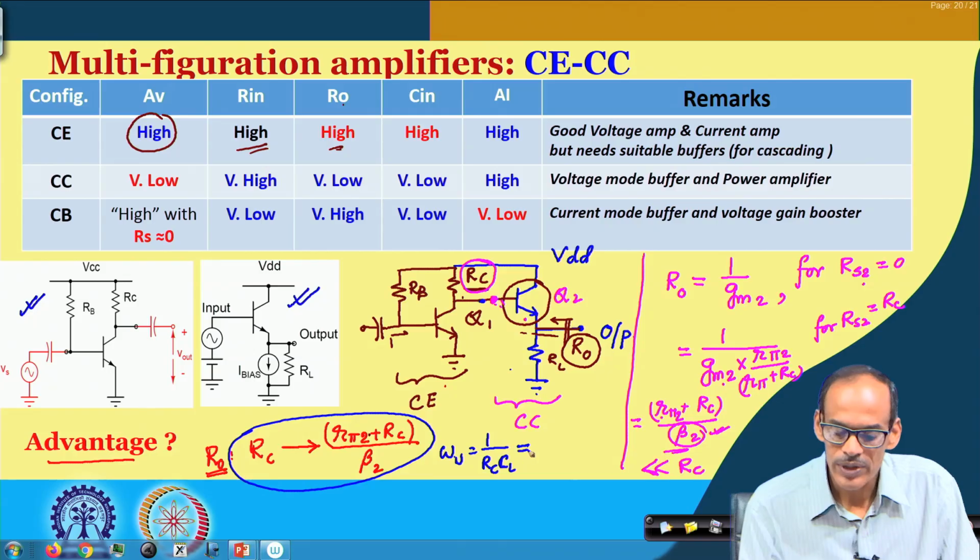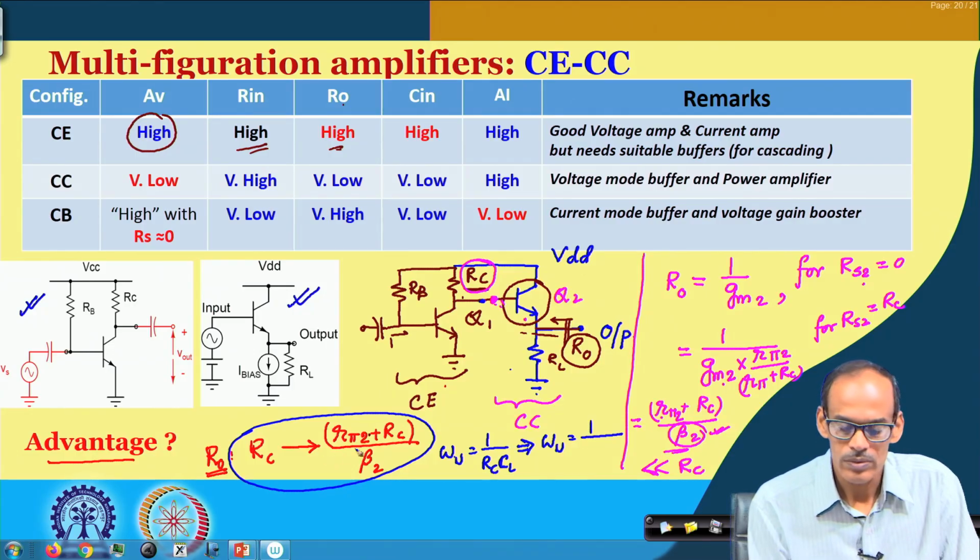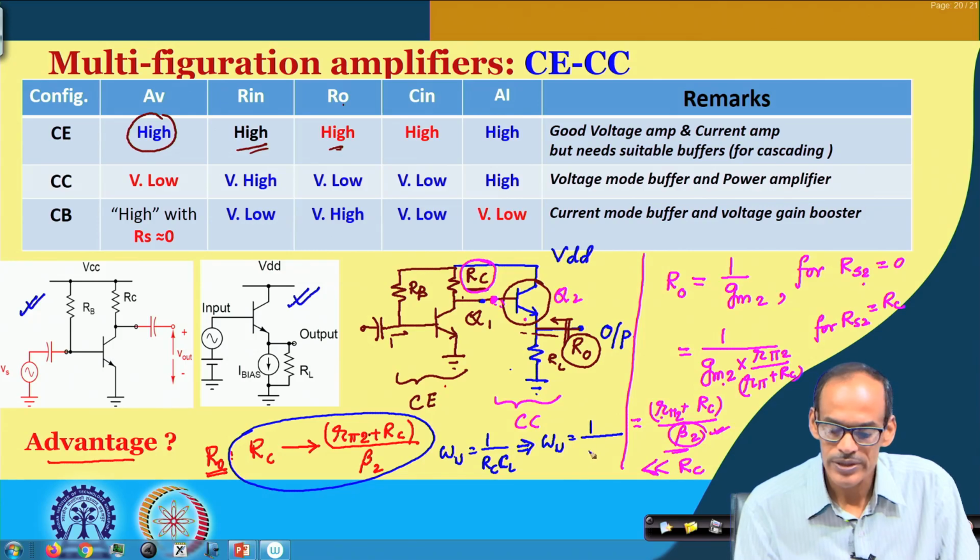Now, this upper cutoff frequency is getting changed to 1 by whatever the new output resistance we have, R pi 2 plus RC, multiplied by CL and then beta 2.